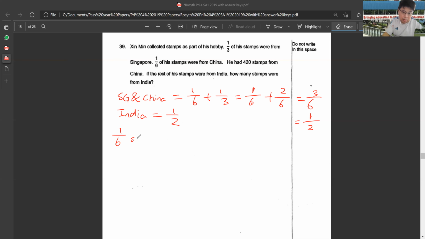So 1 unit is 29, but I want all the child tickets. How many child tickets are there? 29 times 3.